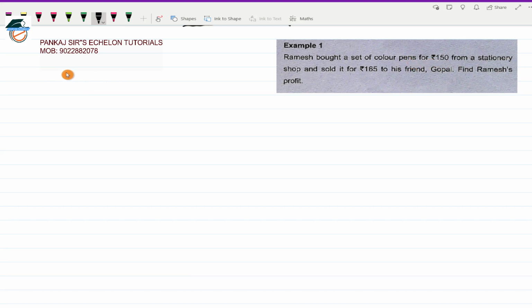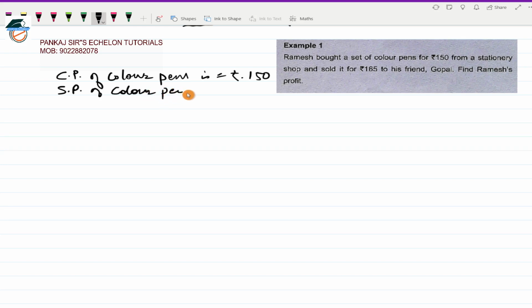So the first thing that I'm going to write is the cost price of color pens is rupees 150. Okay. Then he bought this from the stationery, and he sold it at rupees 165 to his friend. Okay, so selling price of these color pens is equal to rupees 165, right? Okay, now it was sold to his friend Gopal.